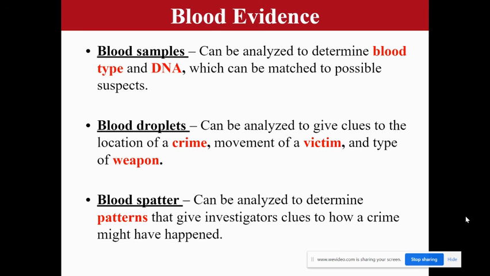Blood droplets can be analyzed to give clues on the location of the crime, where it happened, how the victim might have moved, or even the type of weapon that was used based on where the blood droplets were. And then you have blood spatter, which can be analyzed to determine different patterns to give investigators clues about how the crime might have happened and where. So blood is pretty interesting.